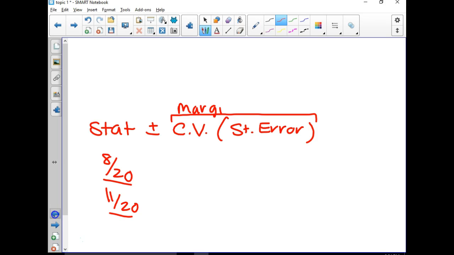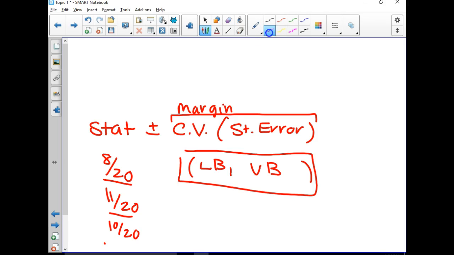If I would repeat this process 100 times, I'm going to get a bunch of different lower bounds and upper bounds. Because what we should walk away with statistics knowing is there's variation in statistics, right? So if I get 10 out of 20, the next 100 intervals, 95 of my intervals will have the truth. And what should we know about the truth? 50% should be in there, no matter what.